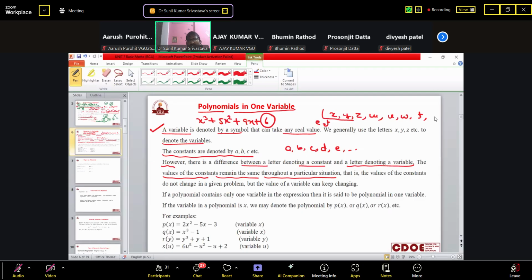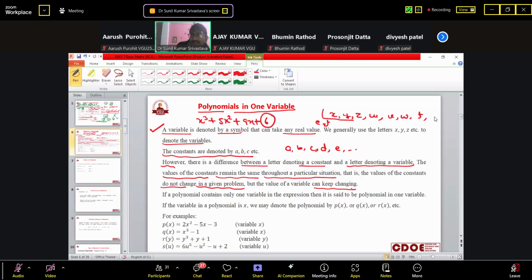When we solve this problem, the value of this constant will always be 6. That is, the value of a constant does not change in a given problem. But a variable can change; its value can change throughout the problem.